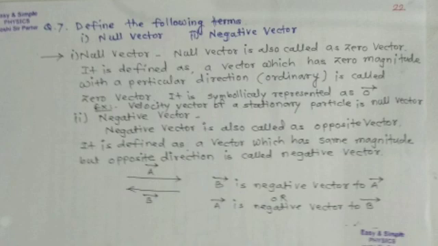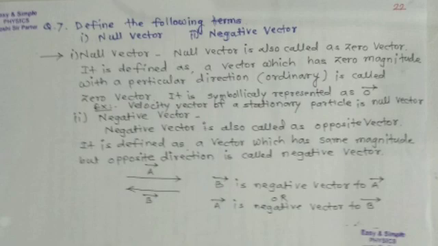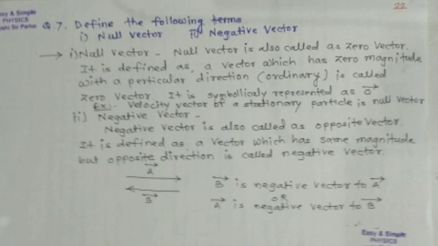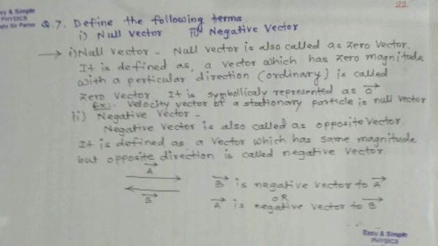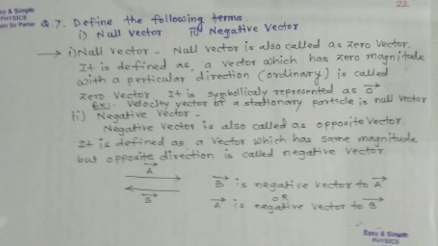Null vector is defined as a vector which has zero magnitude with an arbitrary direction, called zero vector. Zero vector is symbolically represented as vector 0. Example: the velocity vector of a stationary particle is a null vector.